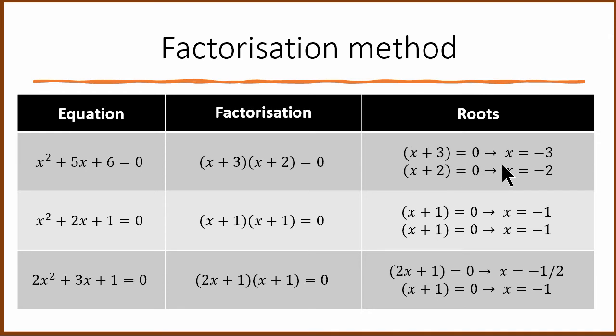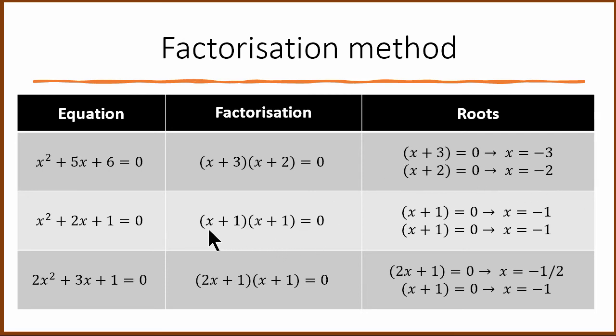And once we equate this to 0, we can say that x is either minus 3 or it's minus 2. Okay. So we take an equation like this, factorize into (x plus 3)(x plus 2) equals 0, then equate each of those terms to 0 and show that the roots are minus 3 and minus 2.